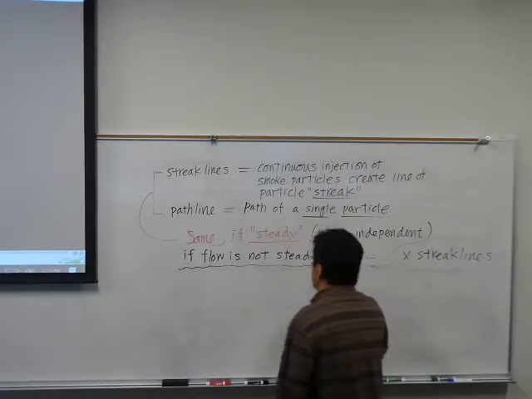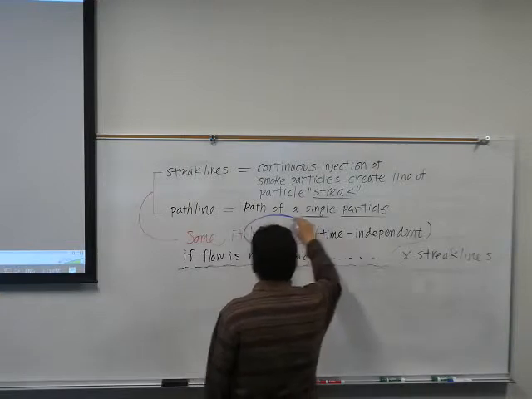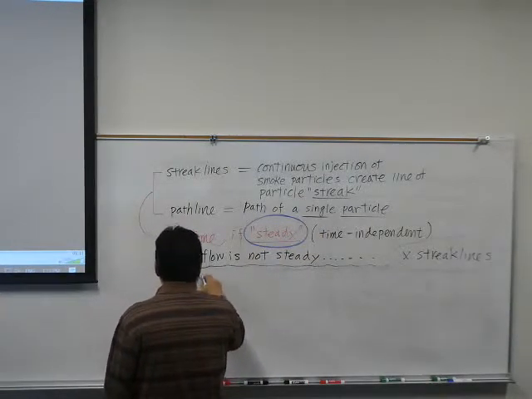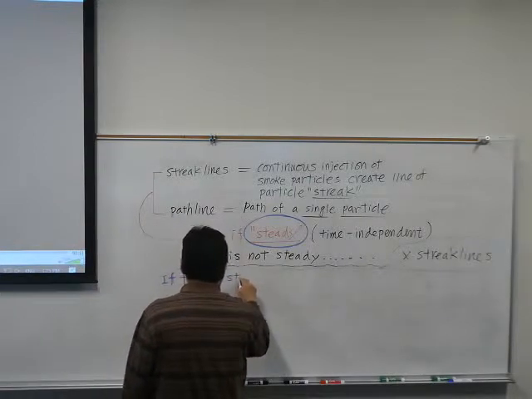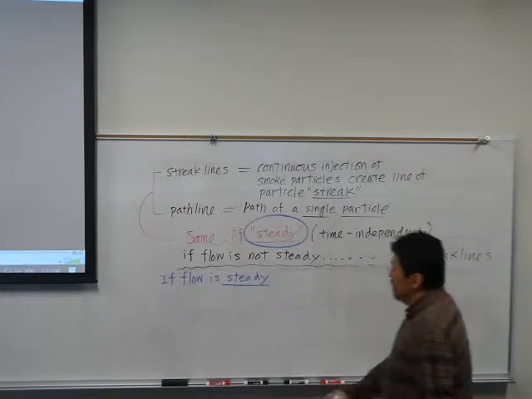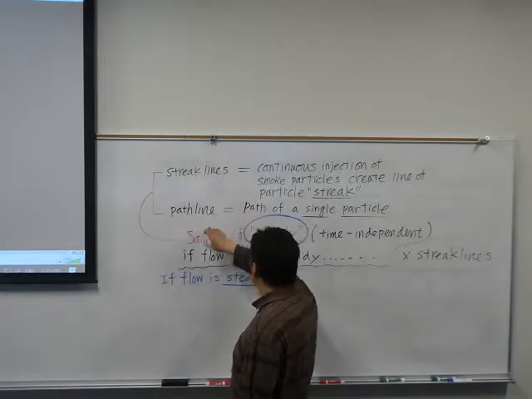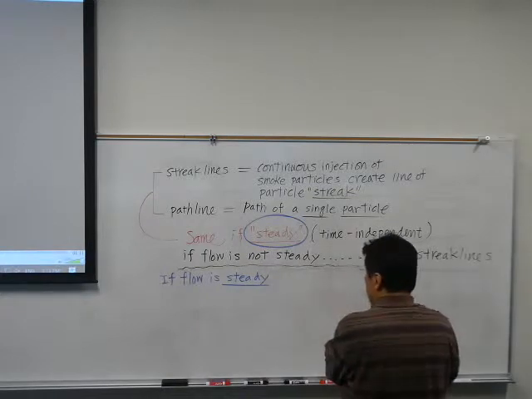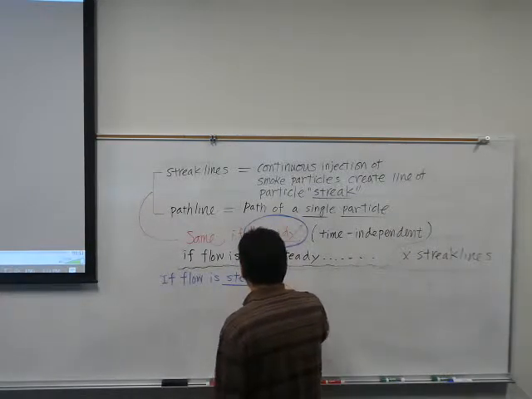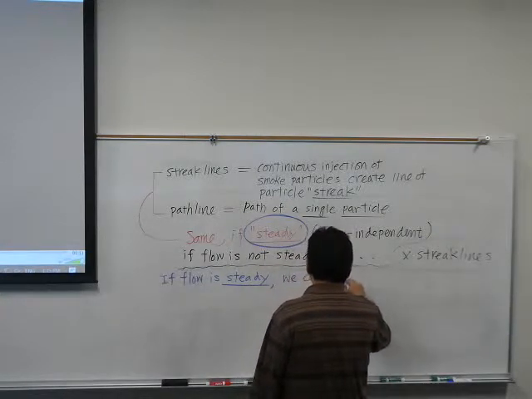So in aerodynamics, we are going to focus on the steady flow field. If the flow is steady, obviously we can define both streak lines and path lines at the same time. Another reason why steady flow is so useful is that we can mathematically represent these lines.